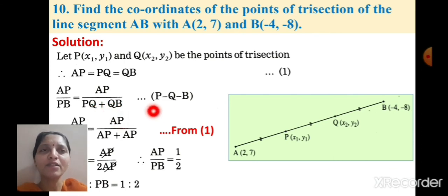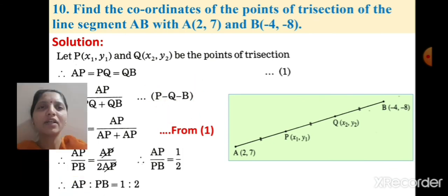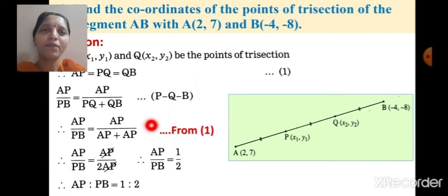Write the reason as P, Q, B are the collinear points. Now AP upon PB is equal to AP upon, now we have written here AP is equal to PQ is equal to QB. So instead of PQ and QB we can write AP also. So we will write here AP plus AP from equation 1.